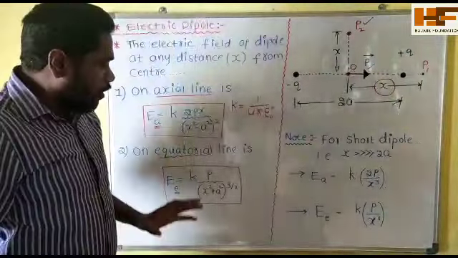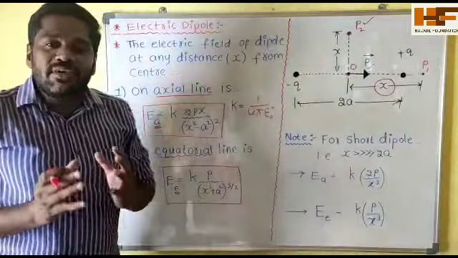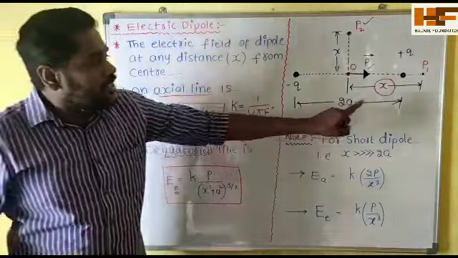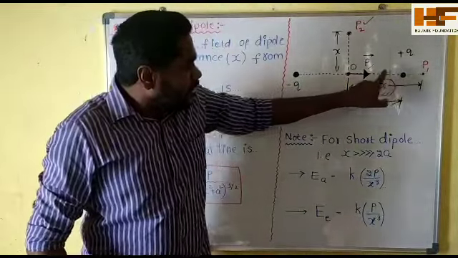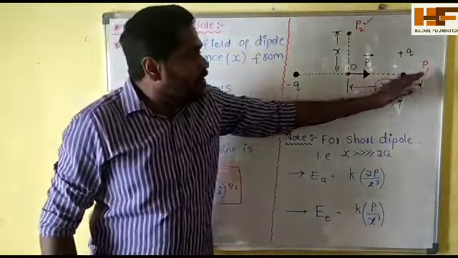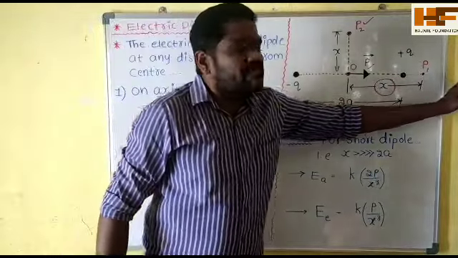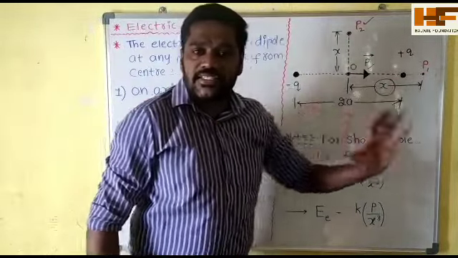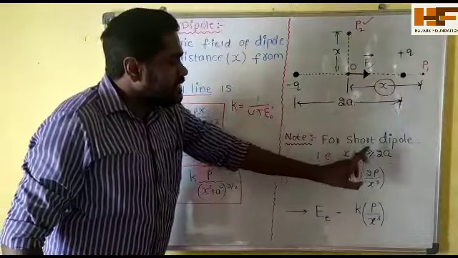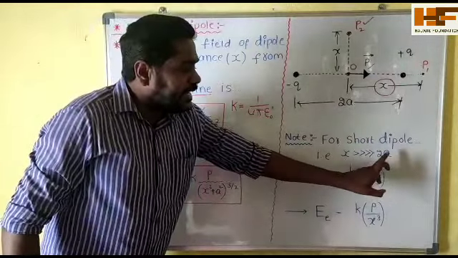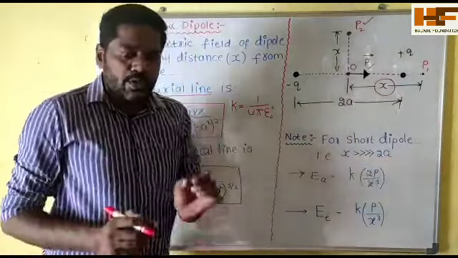Now, what is the meaning of a short dipole? Point P1 is very far away from the center, which means the distance x is greater than 2a.